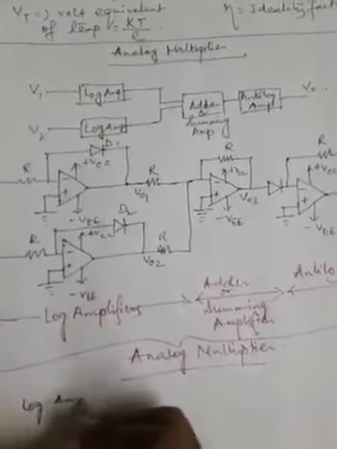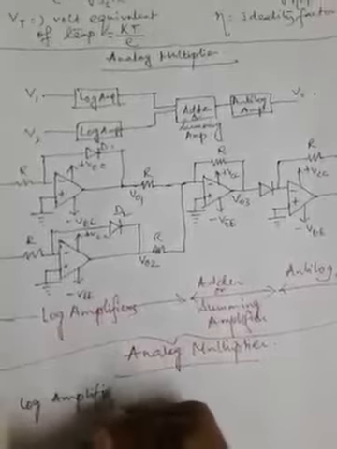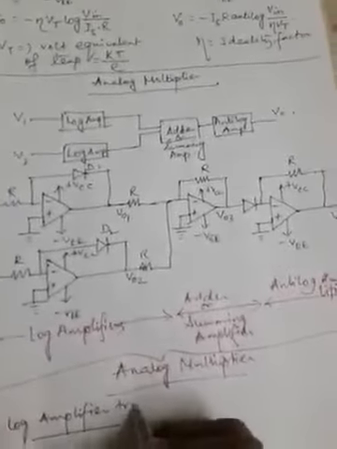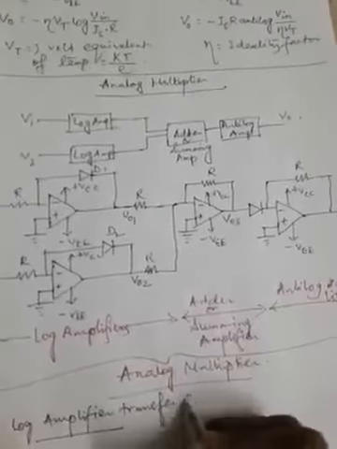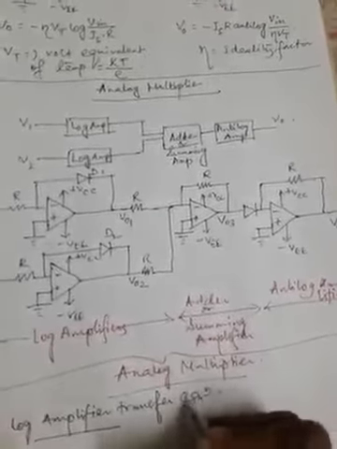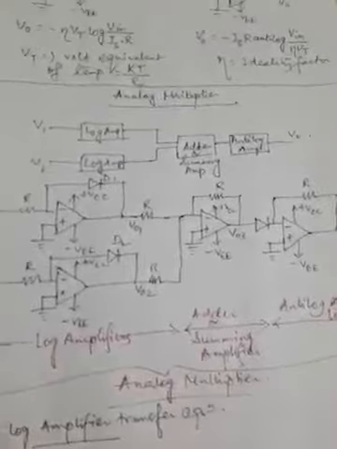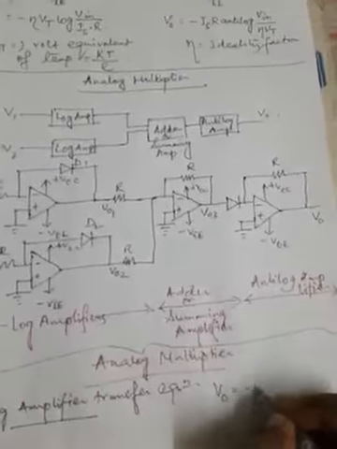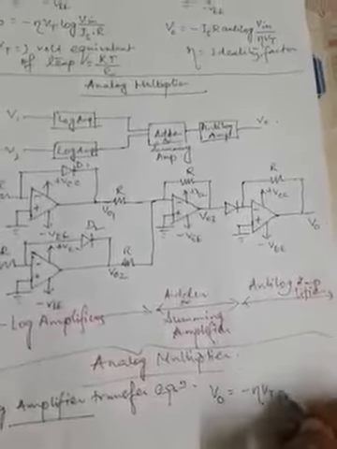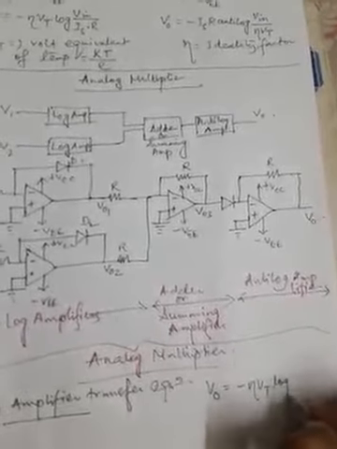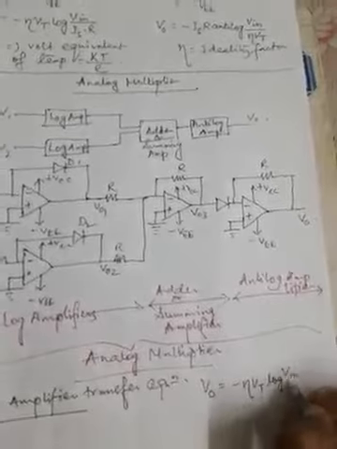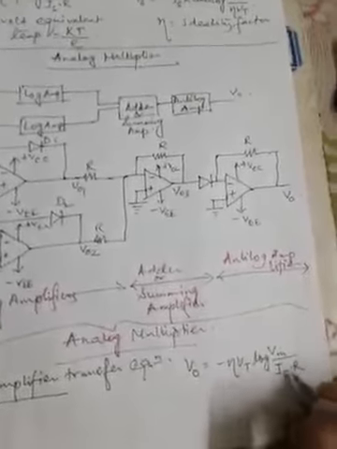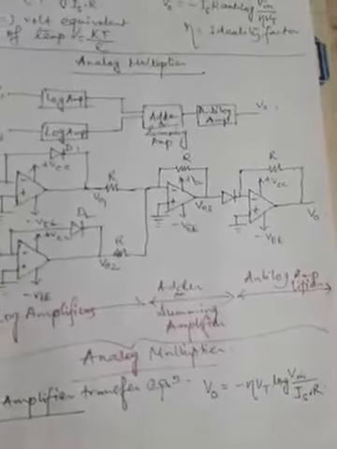Let us assume the relation between its output and input: VO is equal to minus eta Vt log Vin by Is into R. This is the expression we already know.